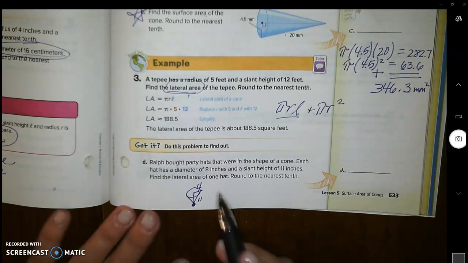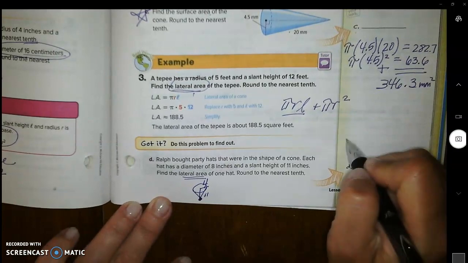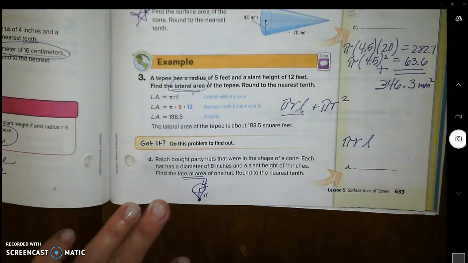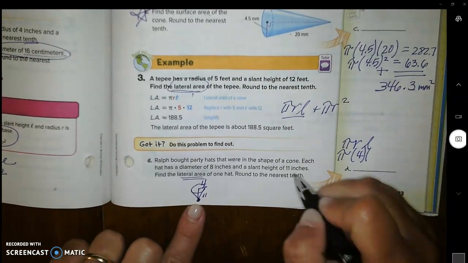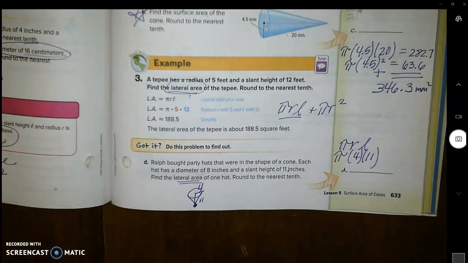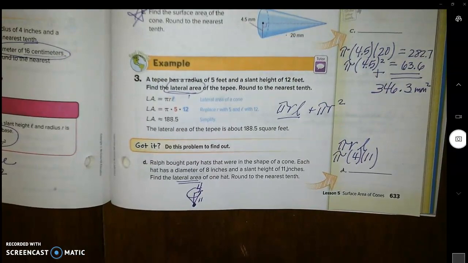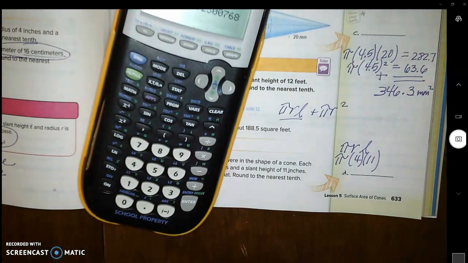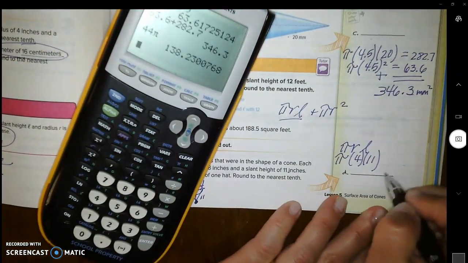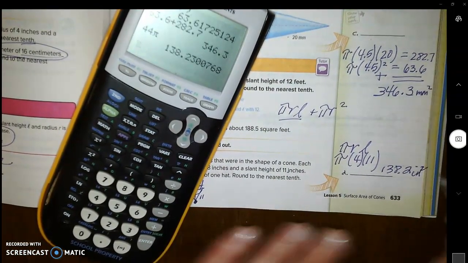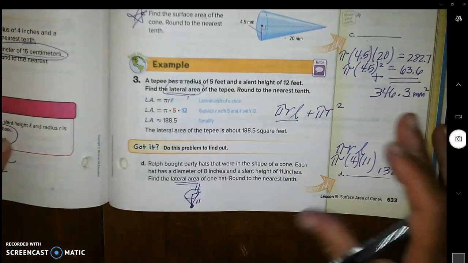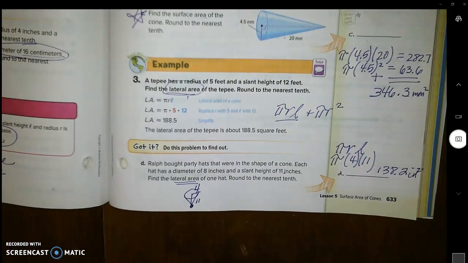Find the lateral area, so we're just going to do pi RL. Pi times 4 times 11. Let's get that handy dandy calculator back out, and we get 138.2 square inches.